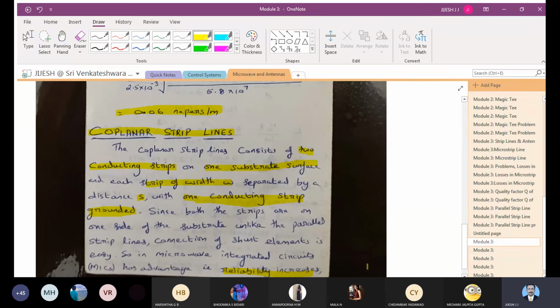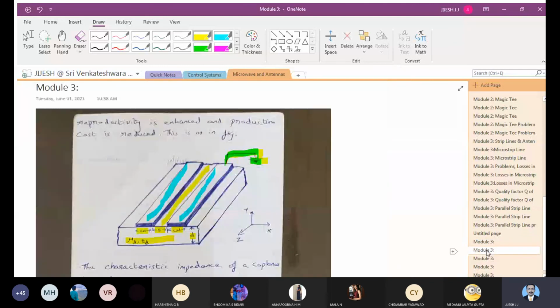So the advantage is that reliability increases, it enhances, and production cost also reduces. That is all you can see here. So this figure you can draw.